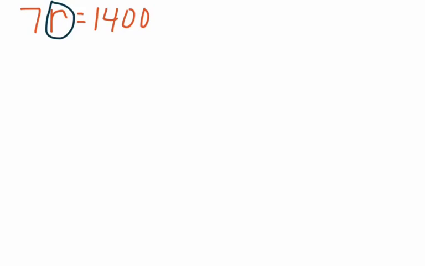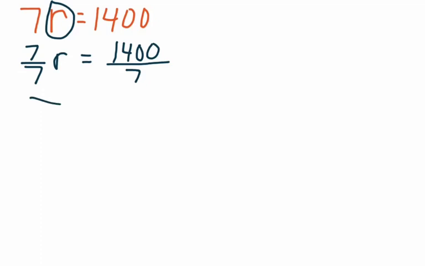So we're going to do 7R divided by 7 equals 1400 divided by 7. Because remember, what we do on one side, we have to do to the other side. Okay, so here we are left with just R. And then 1400 divided by 7.